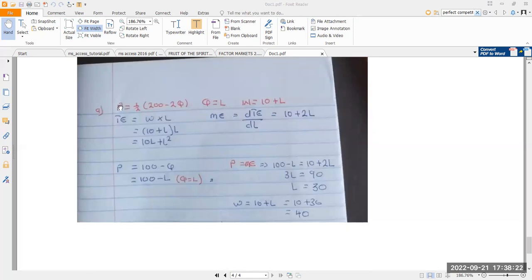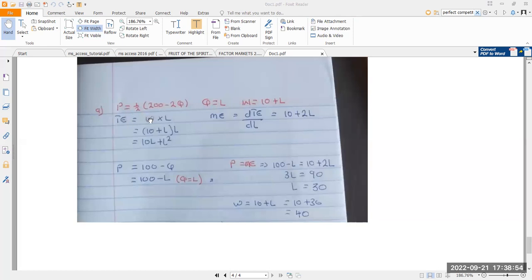So that one you will be given the demand function, you'll be given the production function, and then you'll be given the wage function. Okay. First, you have to find your total expenditure. We equate marginal expenditure to price before we can find the labor and the units of labor and then wage. That is under competitive markets. We equate price to marginal expenditure.